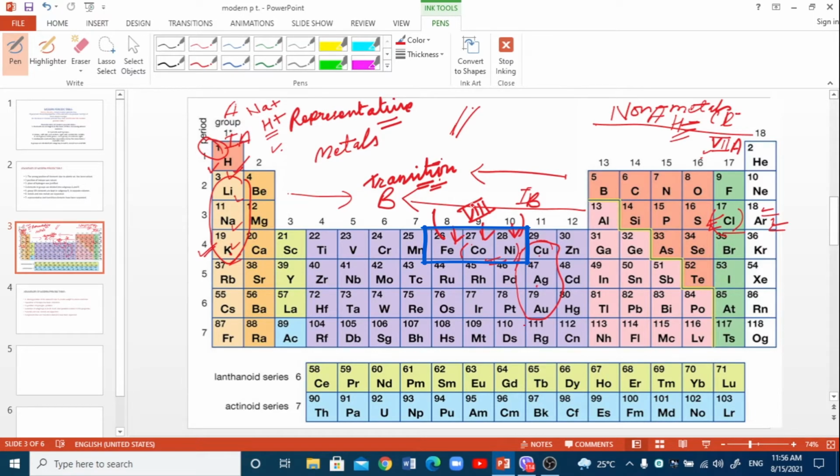There is no disturbance in the periodic table. That is why the study of iron, cobalt, nickel is easier without any difficulty in this table.